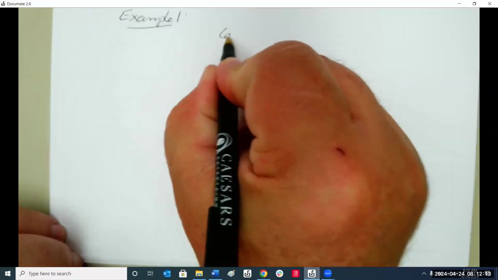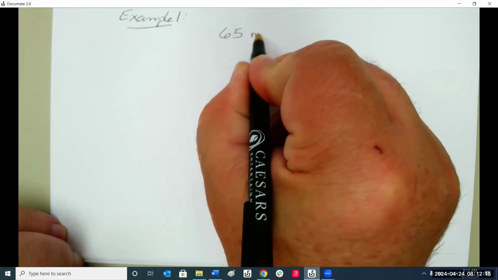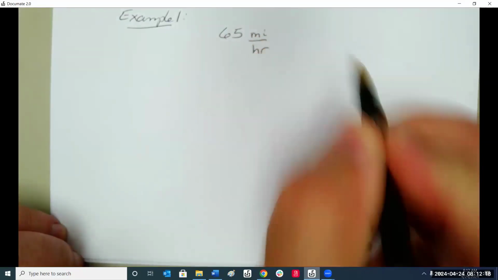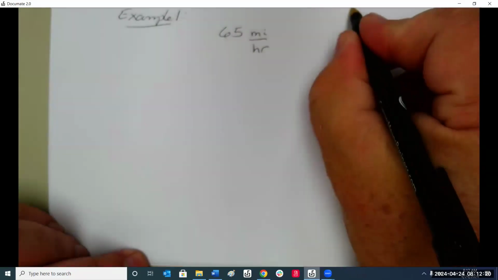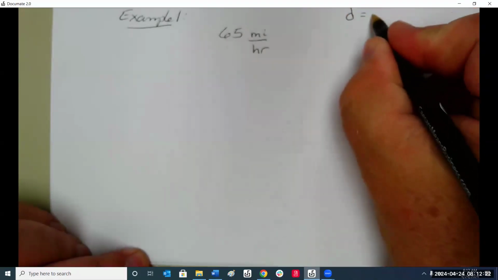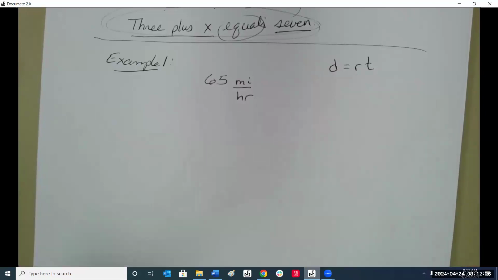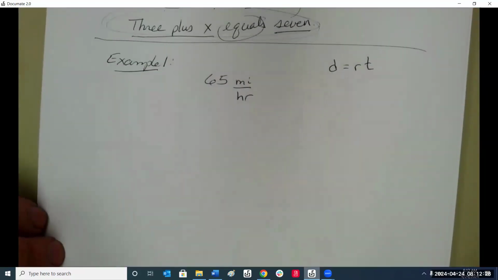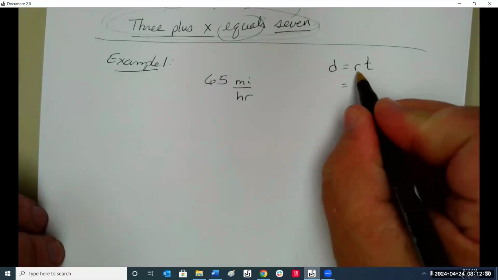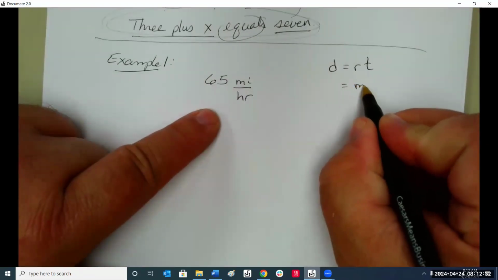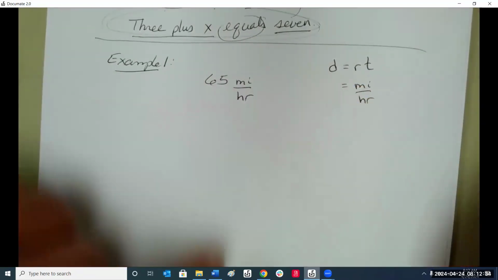So we said 65 miles per hour. A distance equation is distance equals rate times time. Whenever you deal with anything that moves, that's the distance problem. Rate, this one is miles per hour.